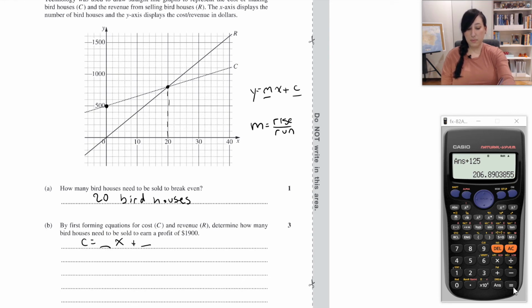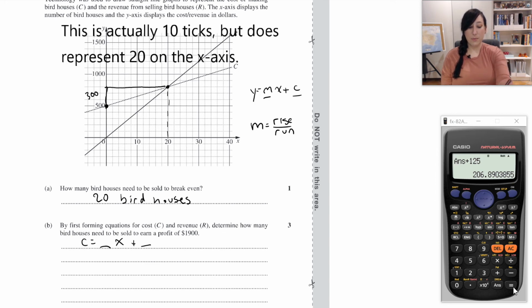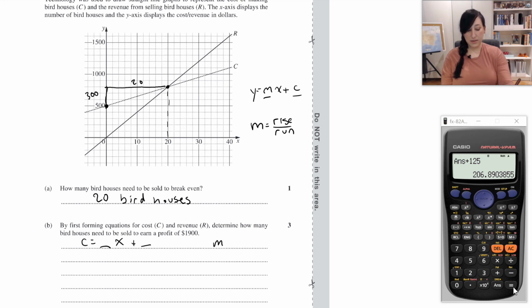So from point to point, we'll be going up 3 ticks, which on this axis will represent 300, and across 20 ticks, which on the x-axis represents 20. So the gradient for cost is 300, the rise, over 20, the run. That simplifies to 15.